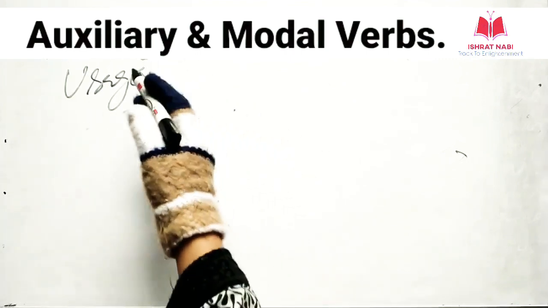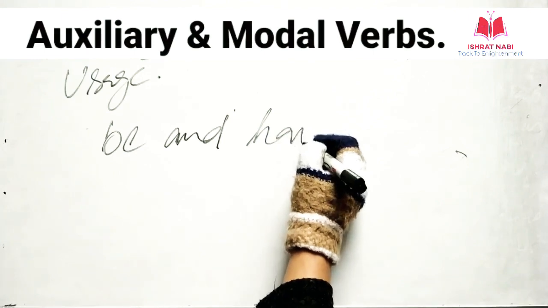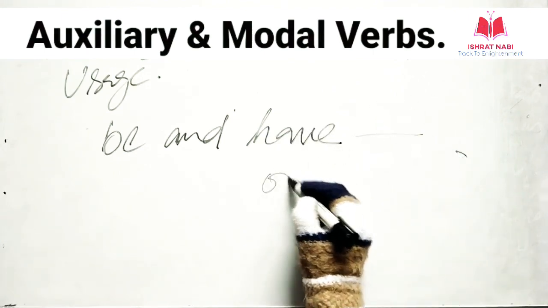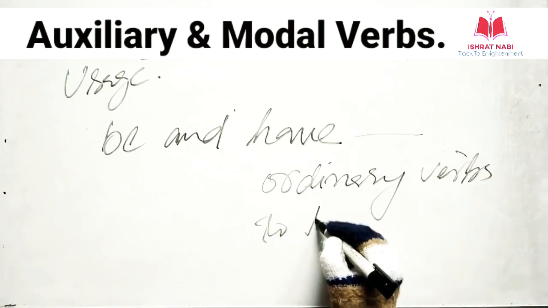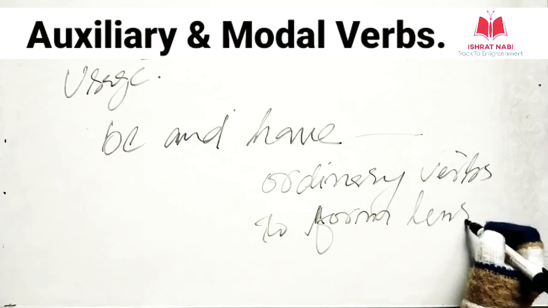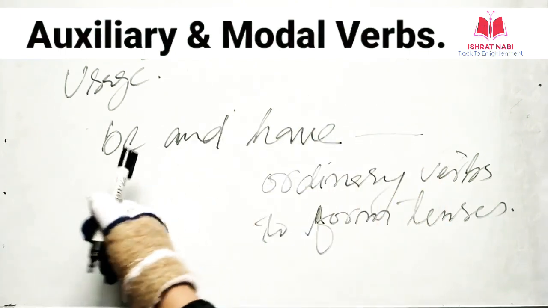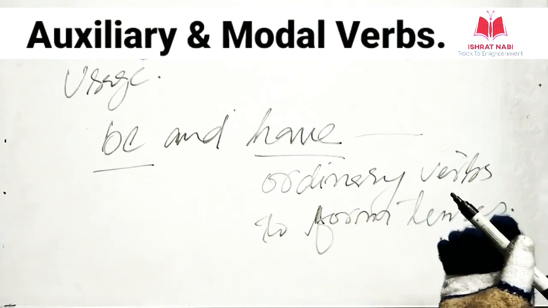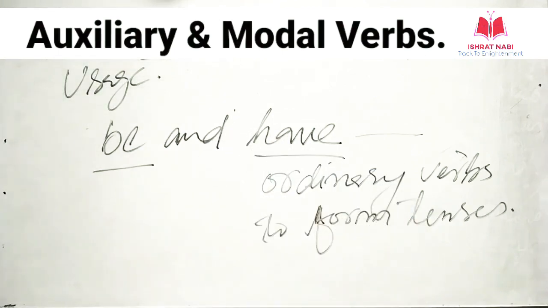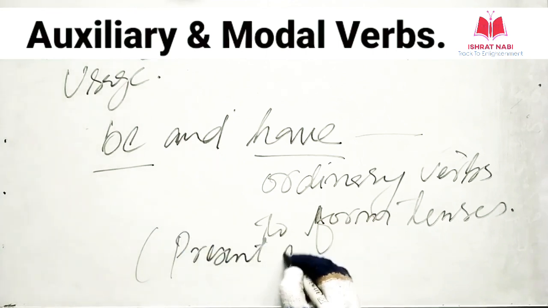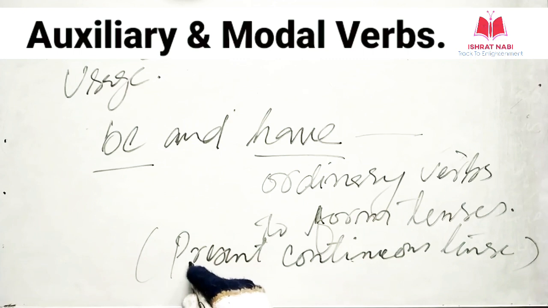The next use of auxiliary verbs is that the auxiliaries be and have are used with ordinary verbs to form tenses, tenses like the present continuous tense and the present perfect tense.